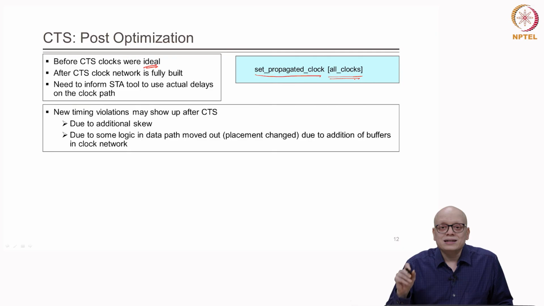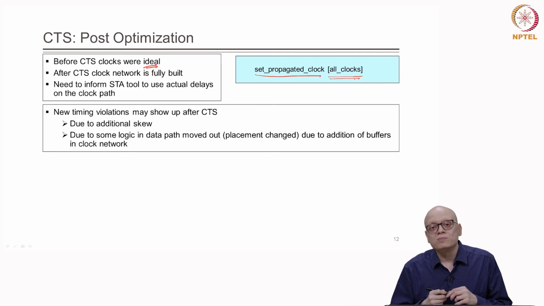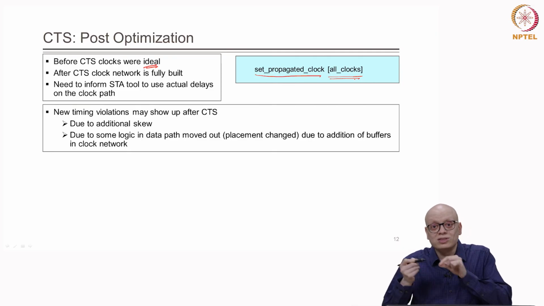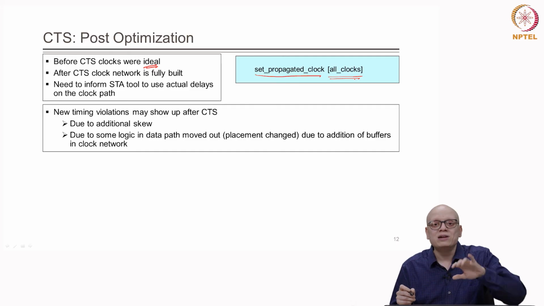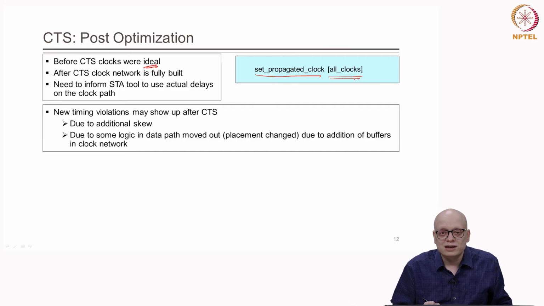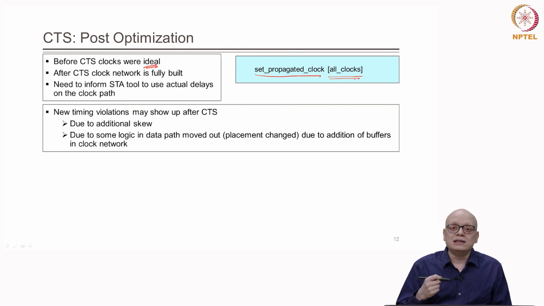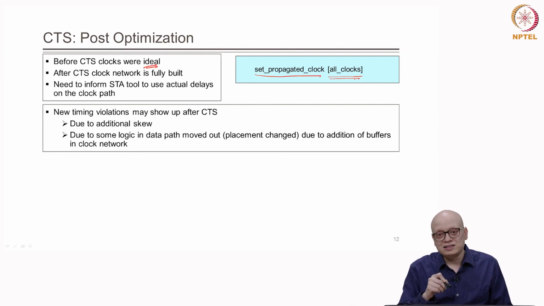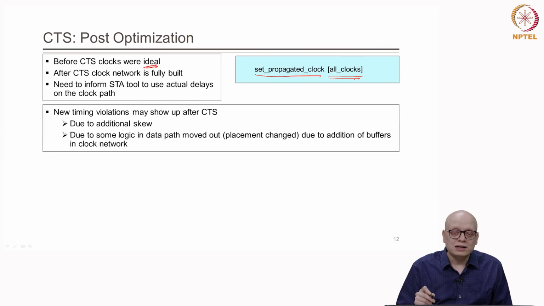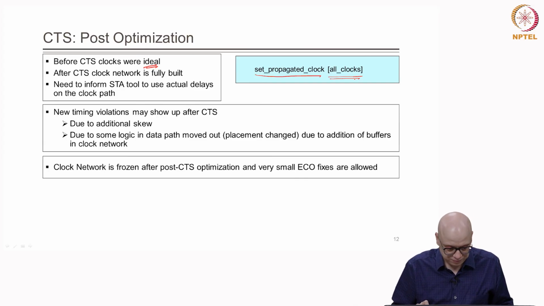So, some circuit elements on the data paths might have been moved away from their respective positions, and therefore the delay of the data path might have increased, and new timing violations come up. The CTS tool needs to fix those timing violations.